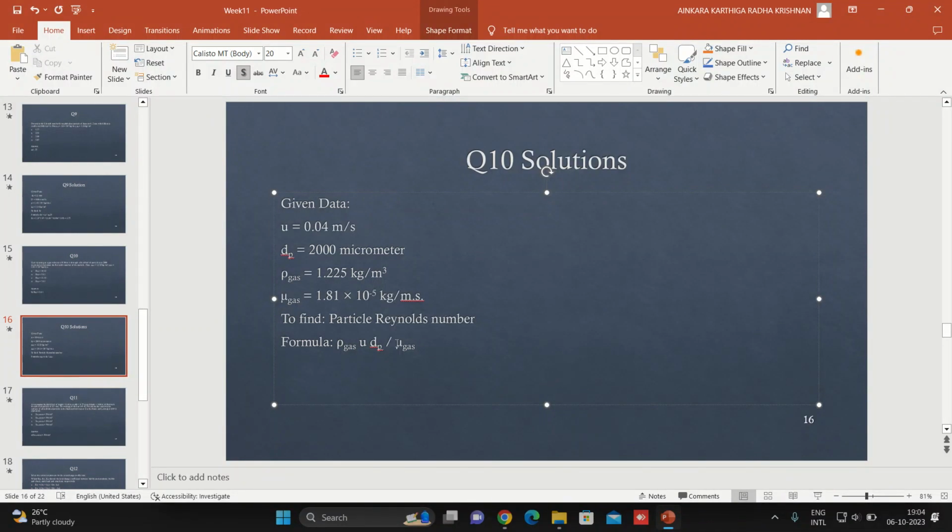So it is 1.225 into u, which is 0.04, into 2000 into 10 power minus 6, divided by 1.81 into 10 power minus 5.